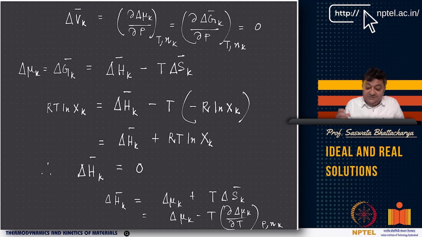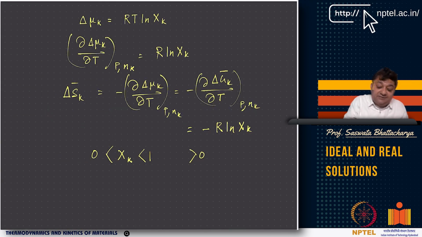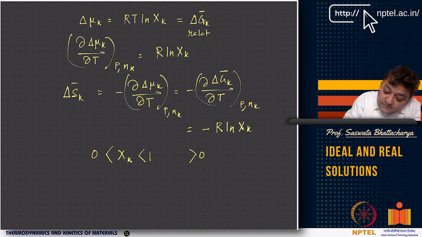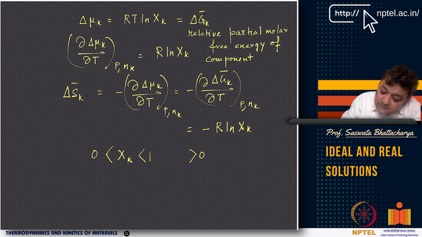So as you can see here, we started with delta mu k, which is nothing but delta g k bar, the relative partial molar Gibbs free energy, or just free energy, of component K due to mixing.